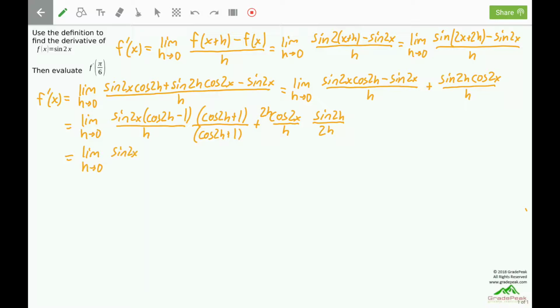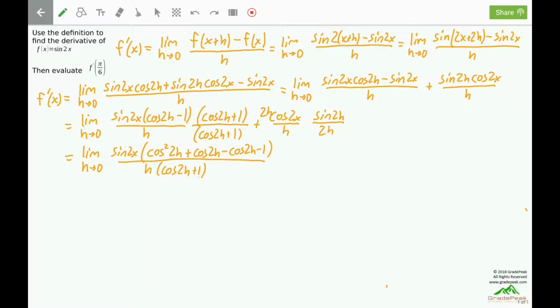Our next step is to FOIL out those trig conjugates. That will give us cosine squared of 2h plus cosine of 2h minus cosine of 2h, and then minus 1. And then we will multiply the denominators, but we don't want to distribute.